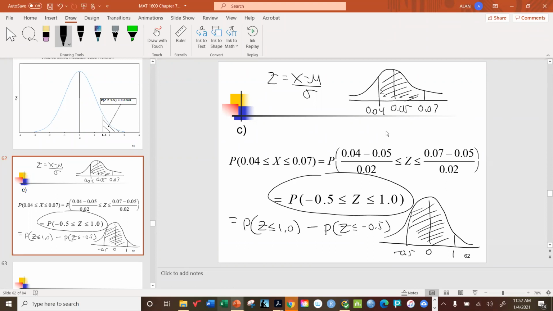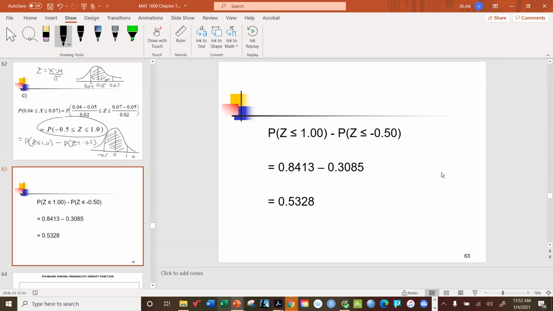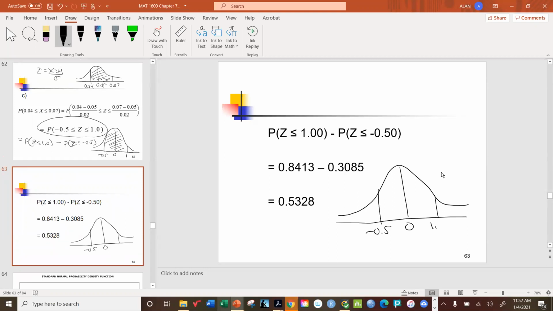All right, there it is again. I've looked up the values for you, and of course you can see the difference is therefore your answer, which is 53.28.